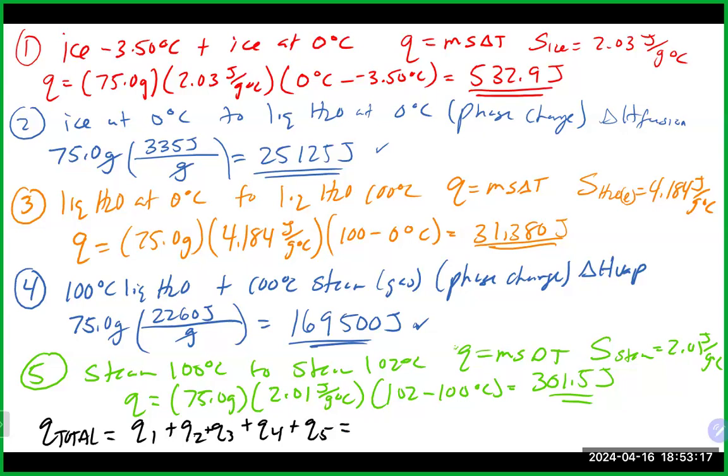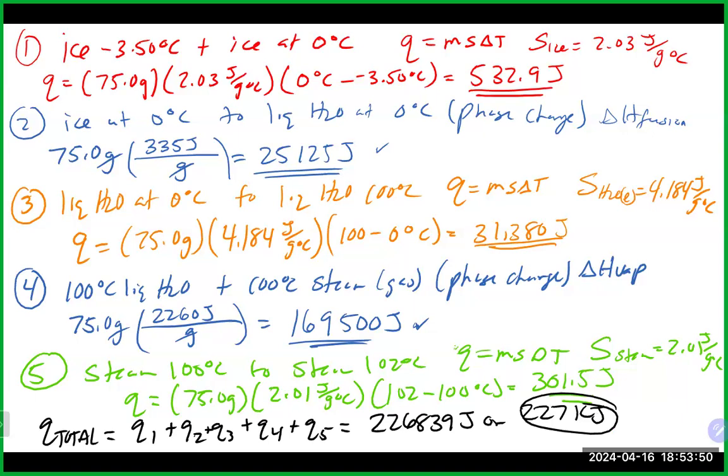And in this case, that would be 532.9 plus 25,125 plus 31,380 plus 169,500 and 301.5. Going to get us something like 226,839 joules, or roughly 227 kilojoules of energy in this case if I divide it by 1,000.